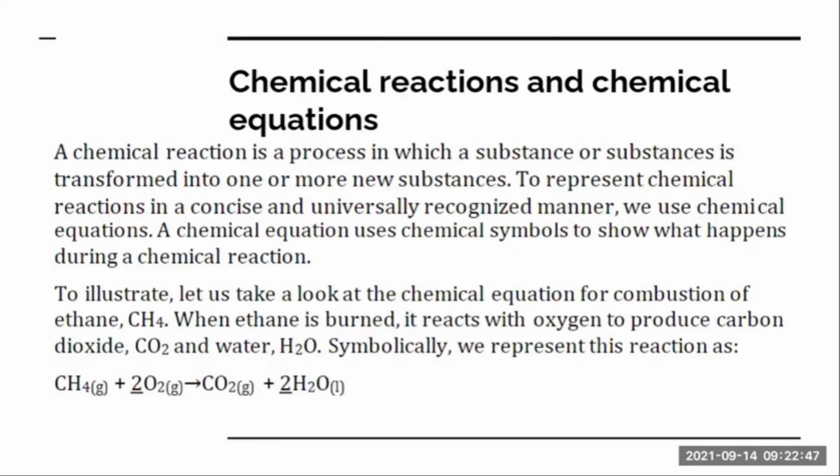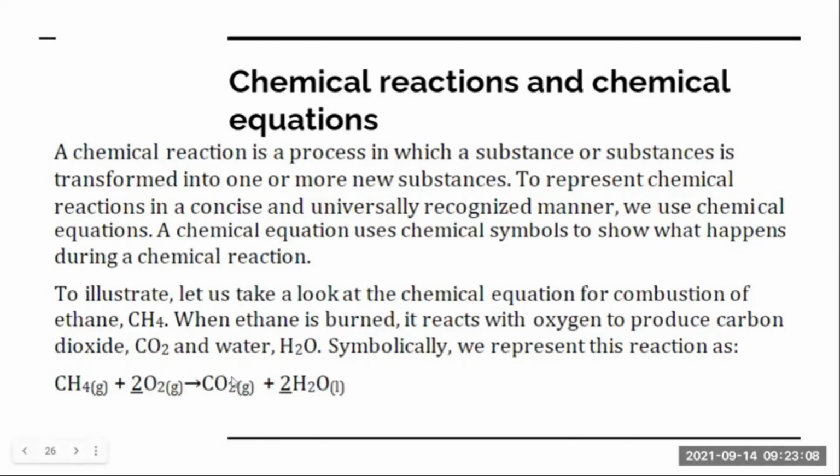To illustrate, let us take a look at the chemical equation for combustion of ethane, CH4. When ethane is burned, it reacts with oxygen to produce carbon dioxide and water. Okay, so we have ethane, oxygen gas for combustion.